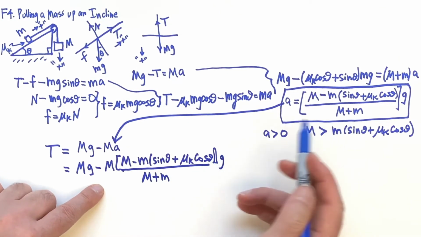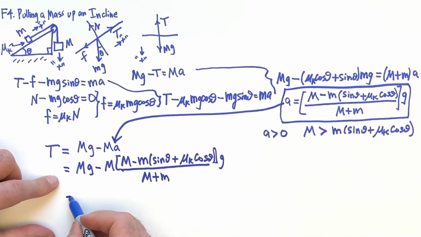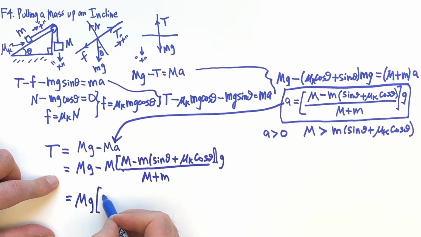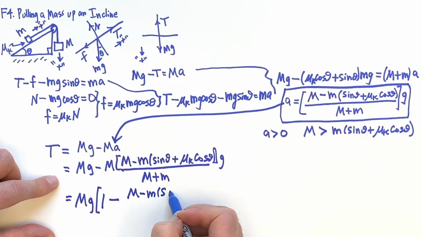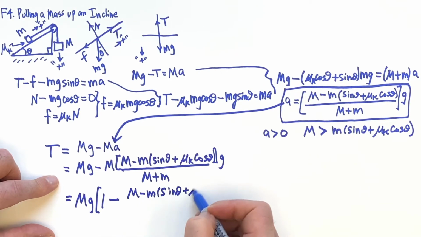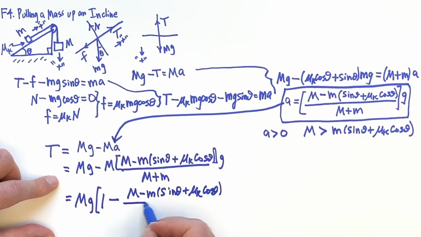Now notice that there is a big Mg in both cases. So let's go ahead and get that big Mg out of there and have 1 minus the numerator and the denominator.